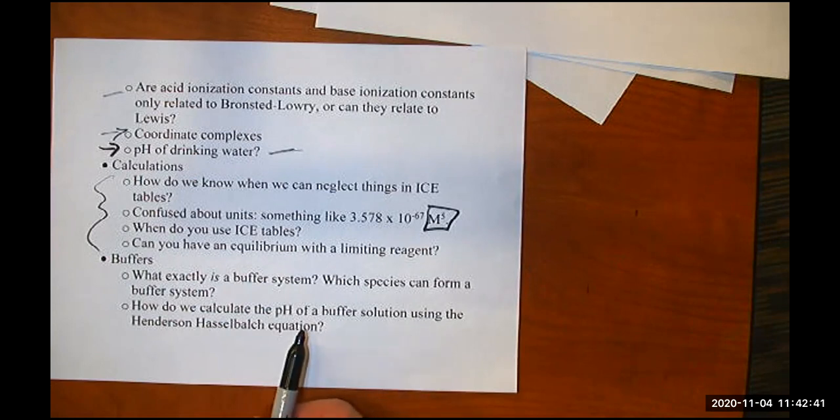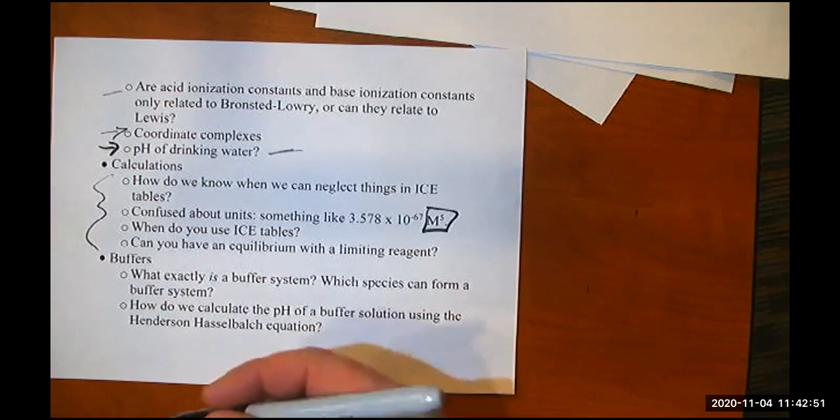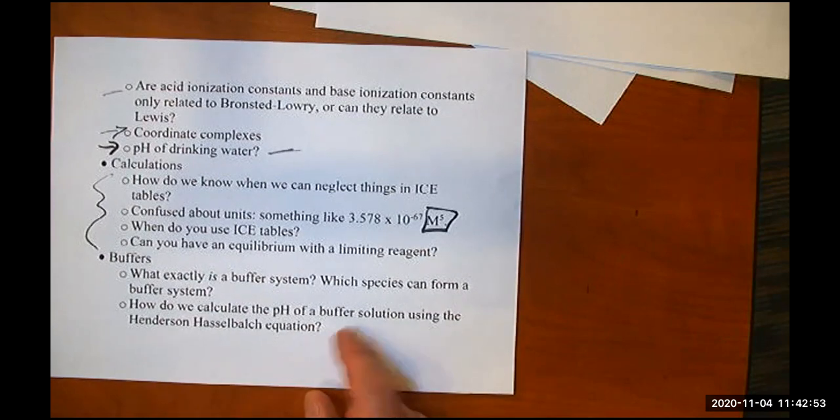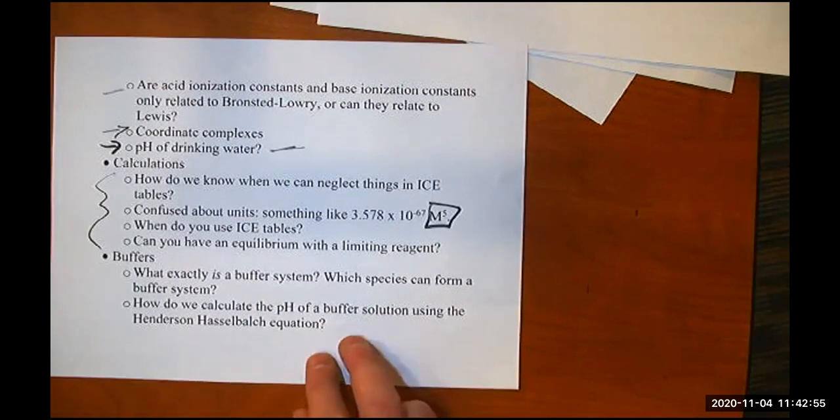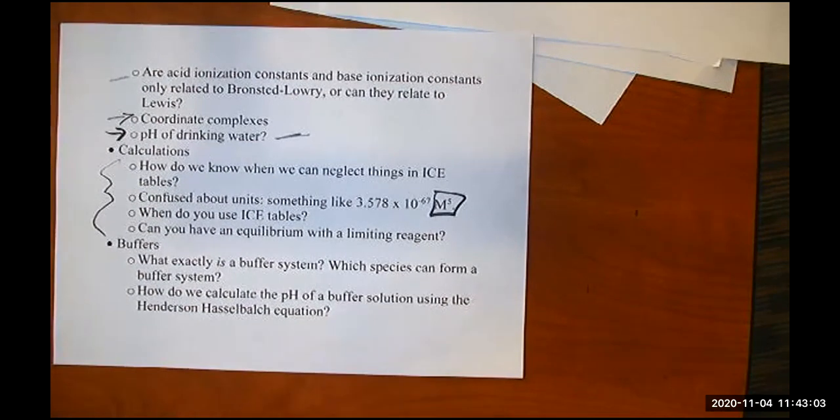And then finally, how do you actually use the Henderson-Hasselbalch equation that we derived in the first couple days this week for a real problem that we might try to solve? And there are a couple of details to making that work well. And I understand from the Piazza questions that the Newton explanations were somewhat lacking in that regard. So I will definitely go over that as well.